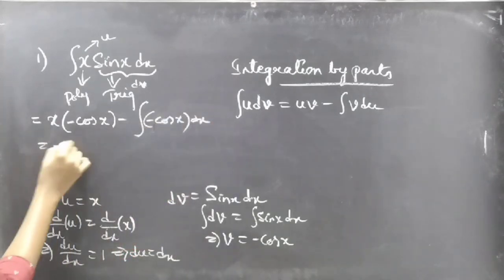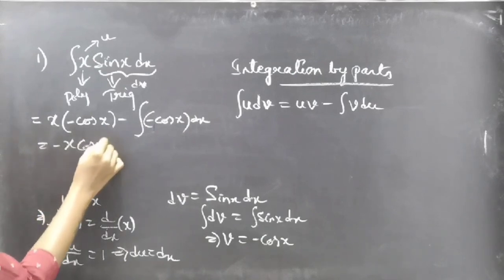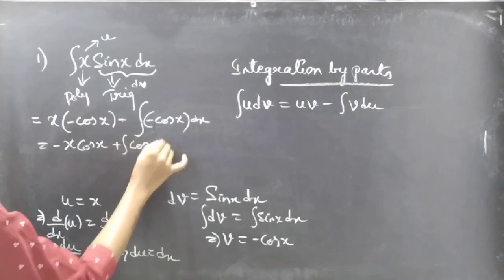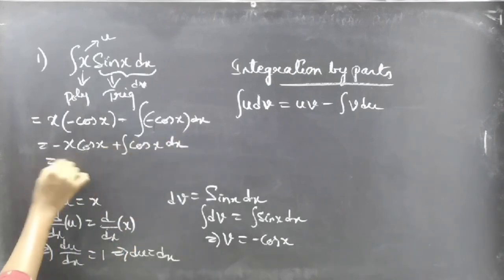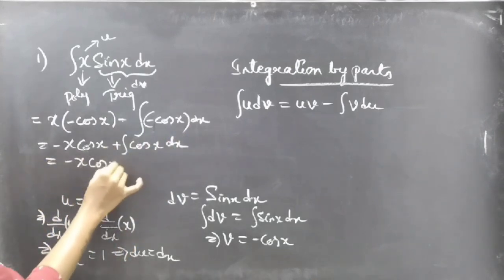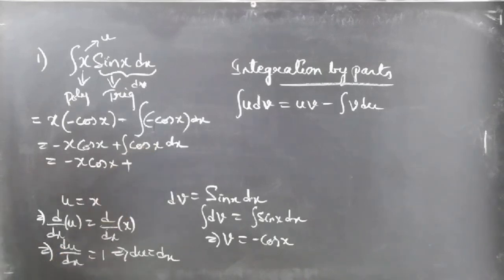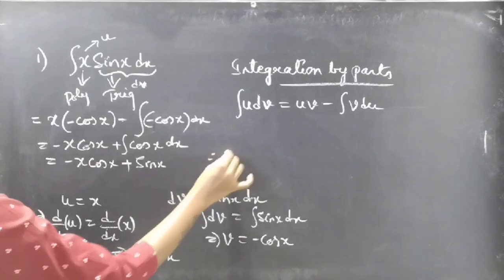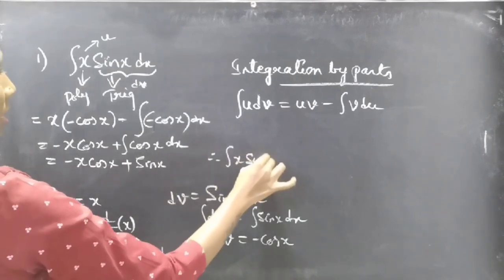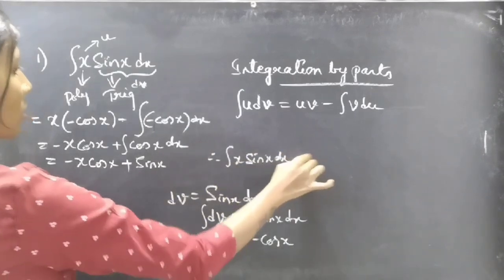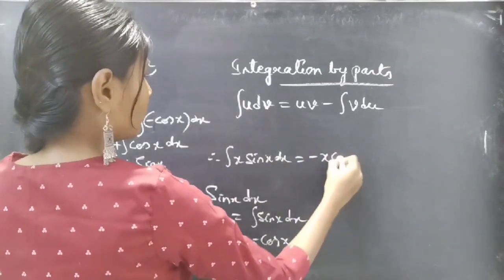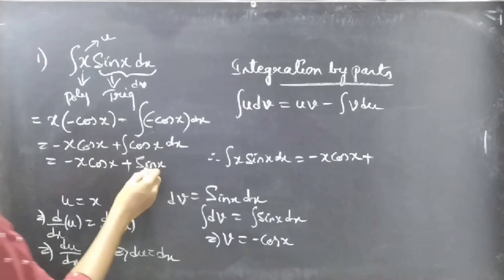This gives us minus x cos x minus into minus plus the integral of cos x dx, which gives us minus x cos x plus the integral of cos x, which is sin x. Therefore, the integral of x sin x dx is minus x cos x plus sin x.